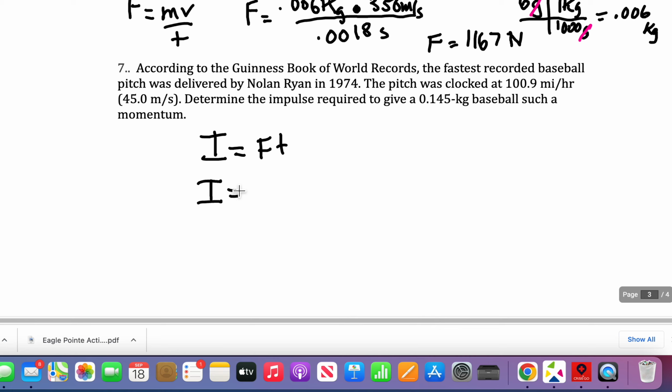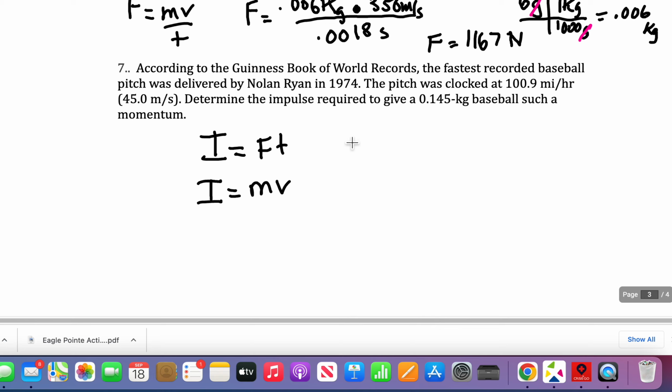We can also remember that impulse is equal to mass times velocity. So basically the mass times the velocity will be equal to the impulse.